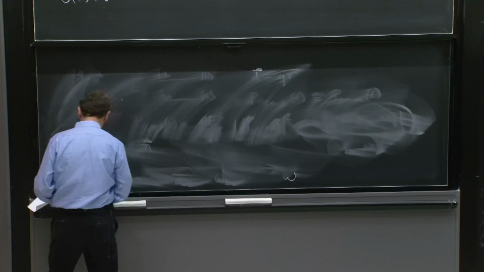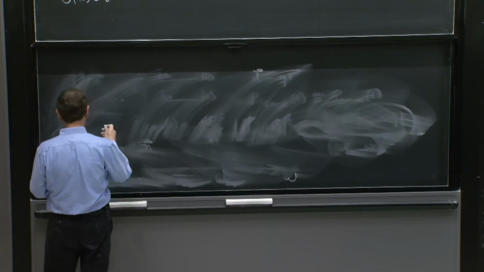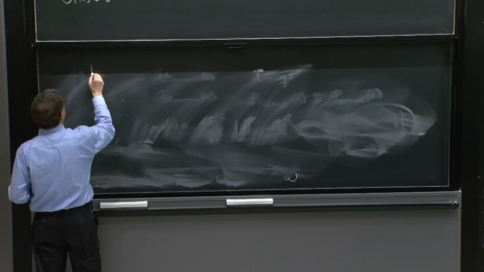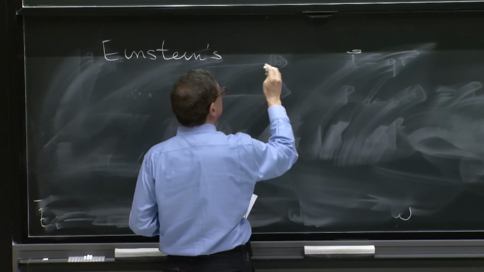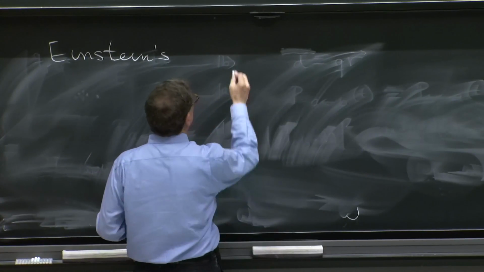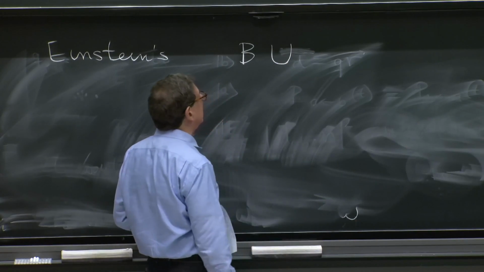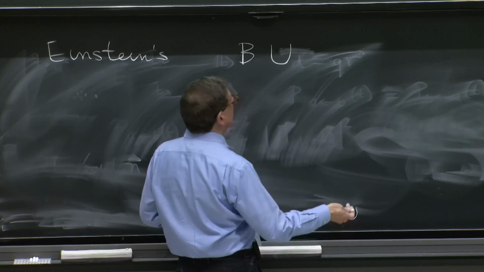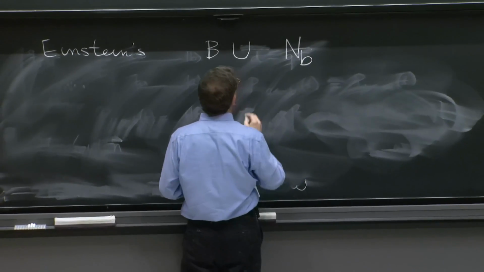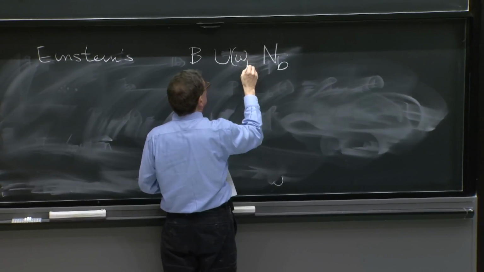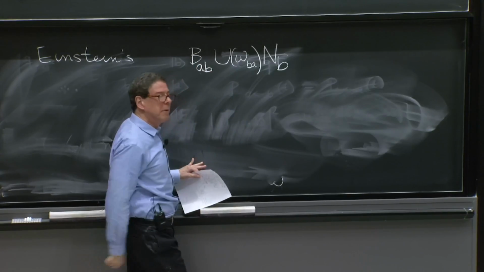So when we set up the rates in Einstein's argument, for spontaneous emission he said the number of transitions that occur due to spontaneous emission is proportional to the number of atoms N_B, the number of photons present, times some coefficient that I don't know, B_AB.